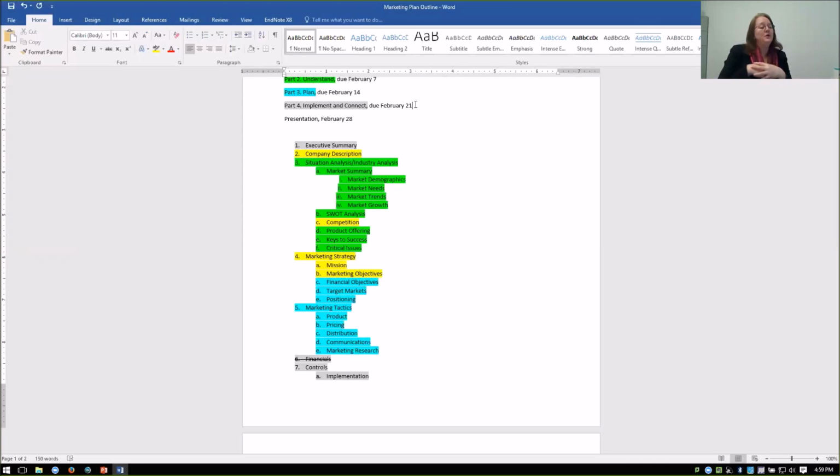And then keep in mind that if you use sources from online, you should have a reference section, and you should give credit. For example, let's say that under competition, you find an industry quote that really summarizes that industry.